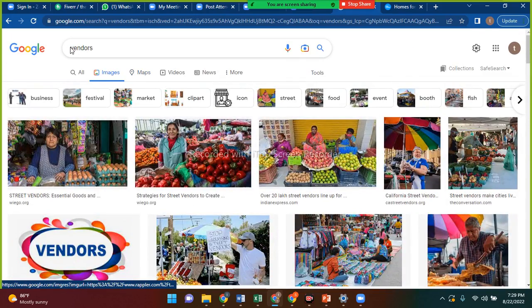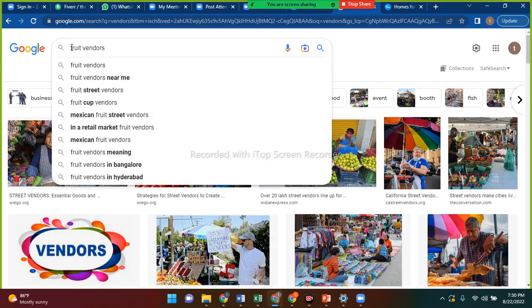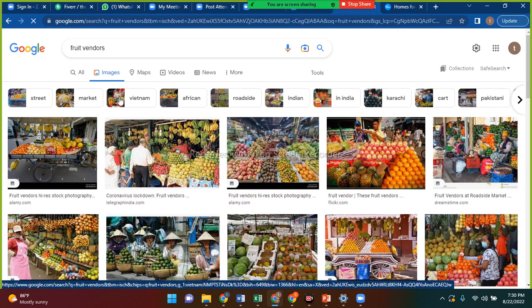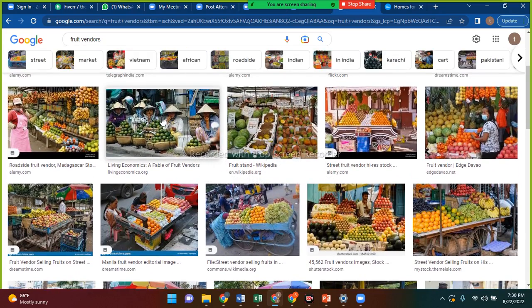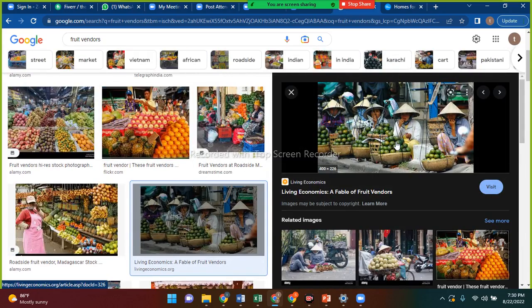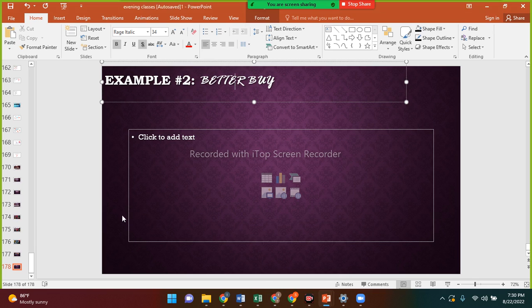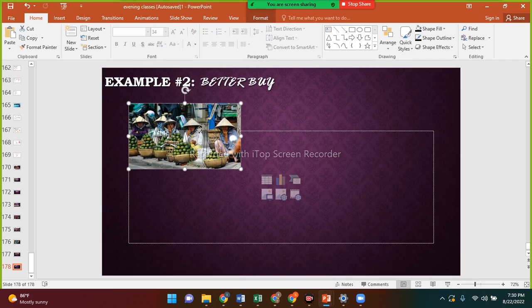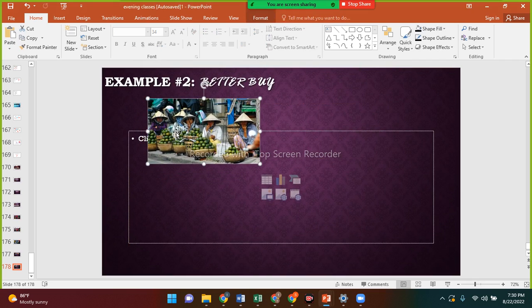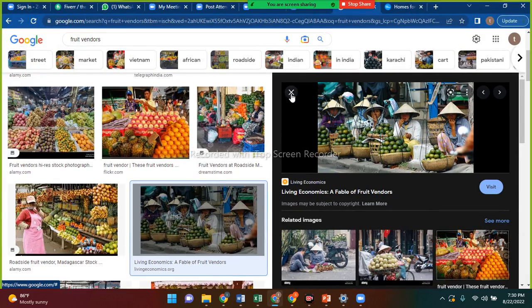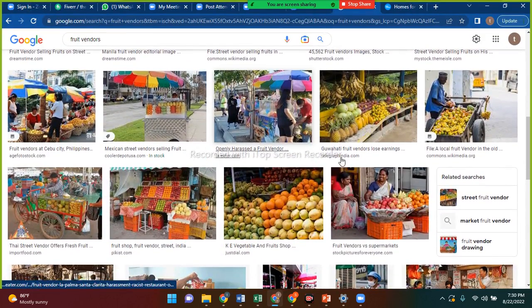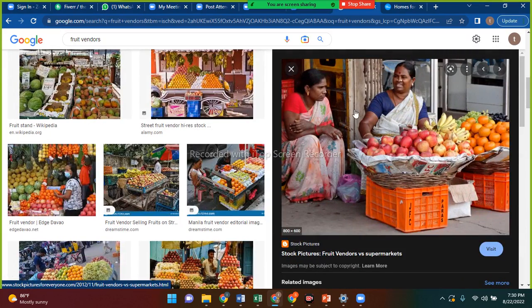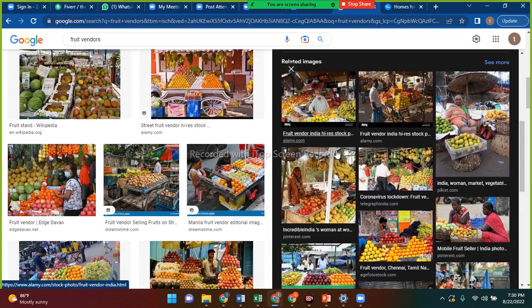We actually want fruit vendors, so we could keep it with fruit vendors. Let's see if they give us... No. So we could try these people and see what they're saying. Maybe they are good sellers that we could trust, and see if they give us a better buy. We're going to try these persons, because it's hard to distinguish the genders behind those hats. Alright, we're going to trust this lady. Let's see what she's saying. I don't know about that.